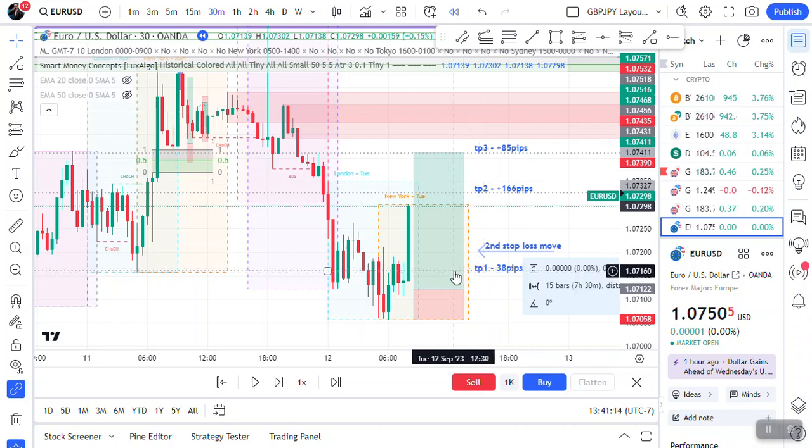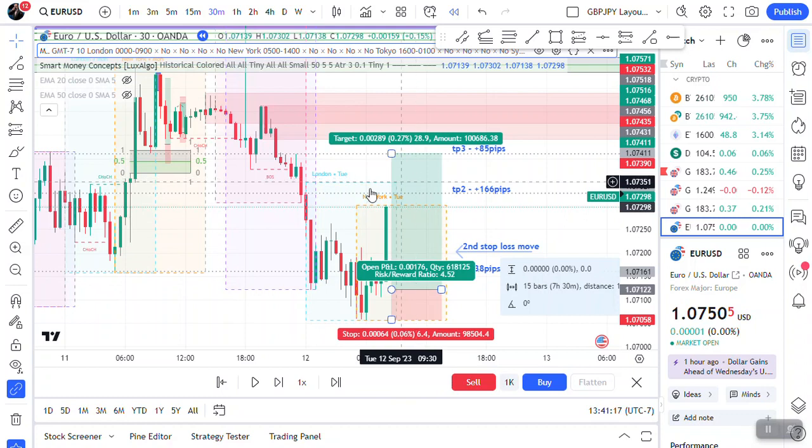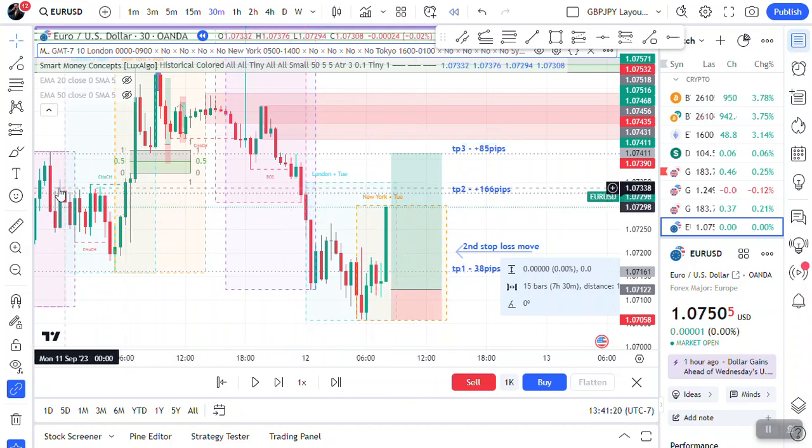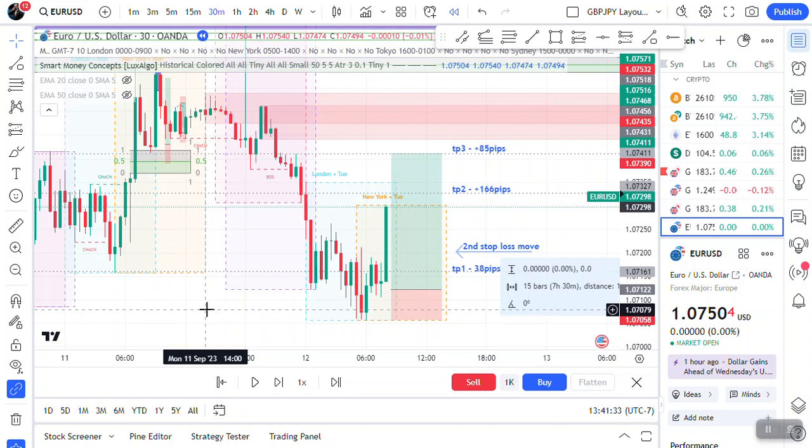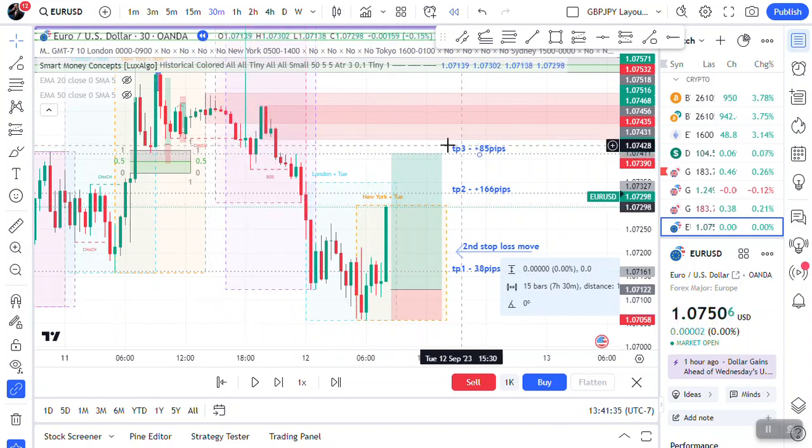My second take profit, you see another area of resistance here, so I used that as my take profit 2, and my take profit 3 again was here, another area of support and resistance. This move here was 38 pips. This move here was 166 pips. The move from TP2 to TP3 was 85 pips, a total of 289 pips. So let's see what happens.